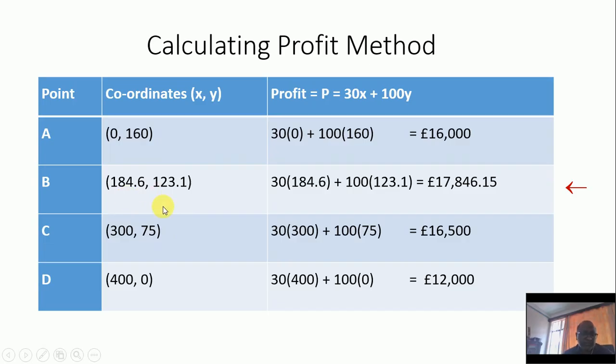That's basically the first big chunk of the work's done, where we've just maximized the profit and we've found how many of product capital letter X, or bins if you want, or how many product of capital letter Y, bowls if you want, that we need to produce to manufacture, with £30 profit per product capital X, £100 profit per product capital Y, to give me £17,846.15, which is the maximum profit. So that's the first big job that you can do, right?